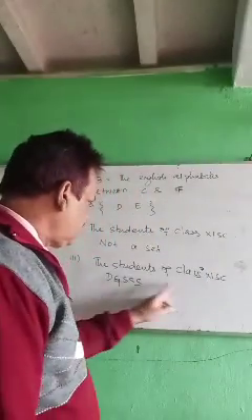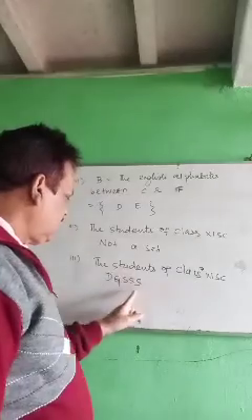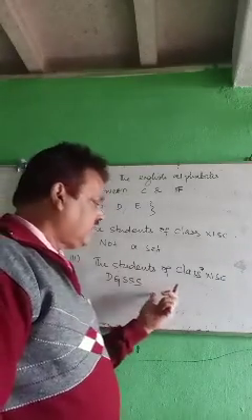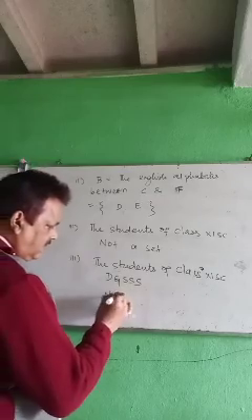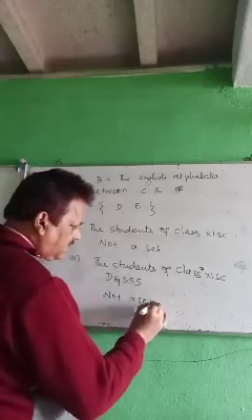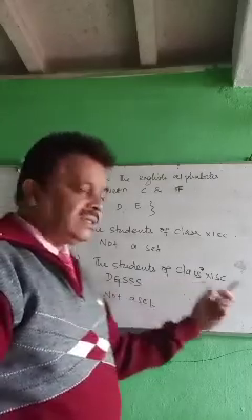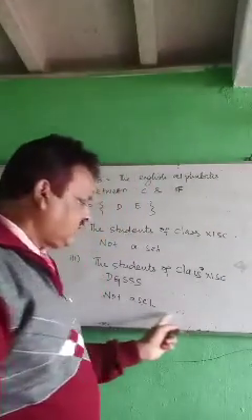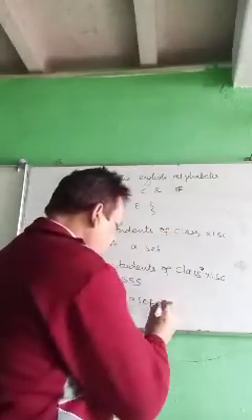Still it is not a set, because the students of class 11 science, Deurali school, but which year it is not mentioned. Still it is not a set, because you cannot write the names of the students, because the year is not mentioned here. Which year students you are going to write here? So this is not well defined, it is not a set.